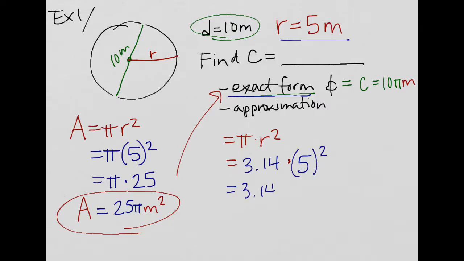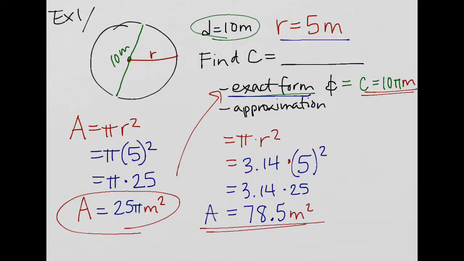So 3.14 times 25. Order of operations is crucial here. And that's going to come out to approximately, if you plug that into your calculator or do it by hand, 78.5, and careful, you need to have your units squared for area. Circumference is just meters, and area is meters squared.